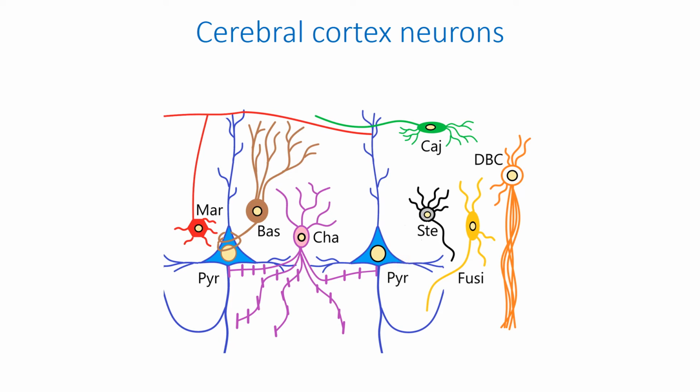The axon arises from the base of the cell, establishing numerous synapses in other regions of the CNS, subcortical projection neurons, or cortical within the same hemisphere association neurons, or opposite hemisphere commissural neurons.